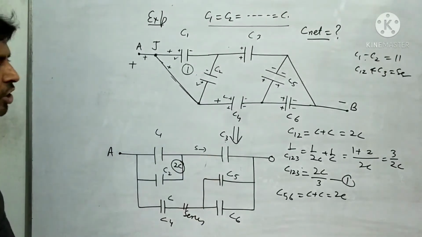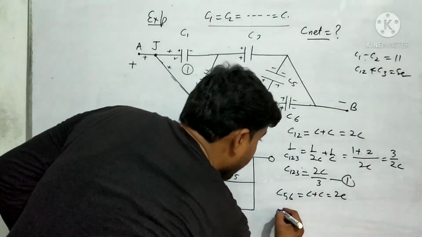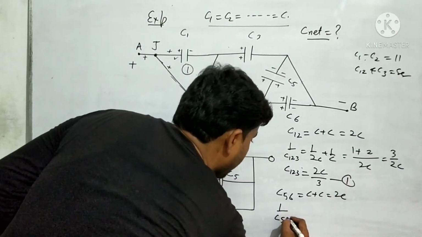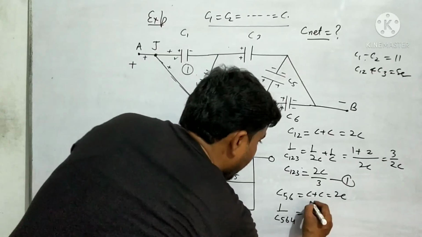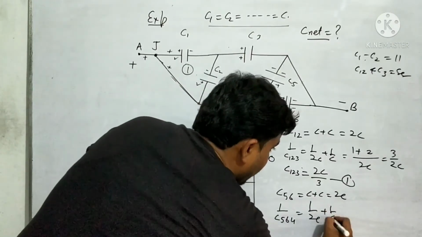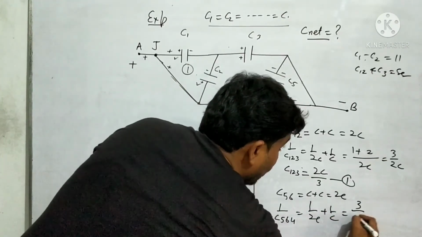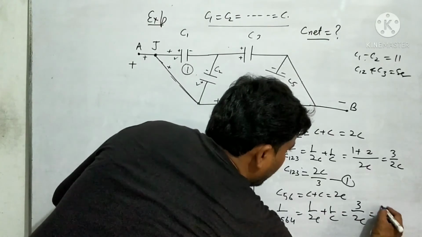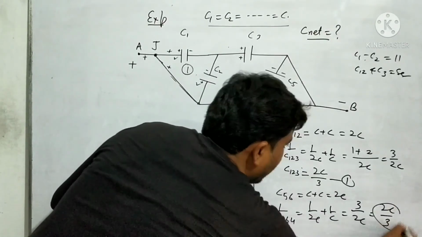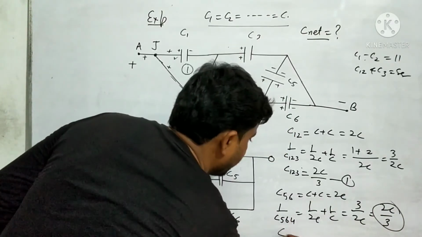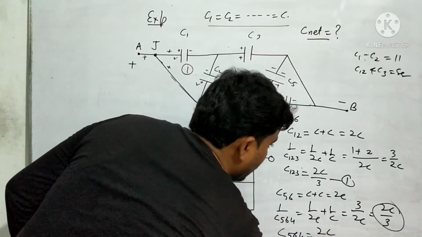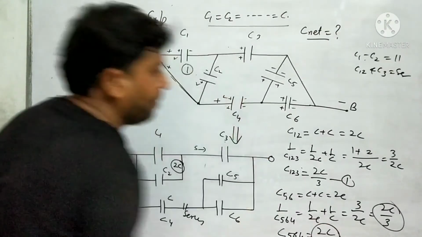So how much is it here? 1 upon C564 will be 1 upon 2C plus 1 upon C, that will be 3 over 2C. 3 over 2C equals 2C over 3 also. That is, C564 equals 2C over 3.